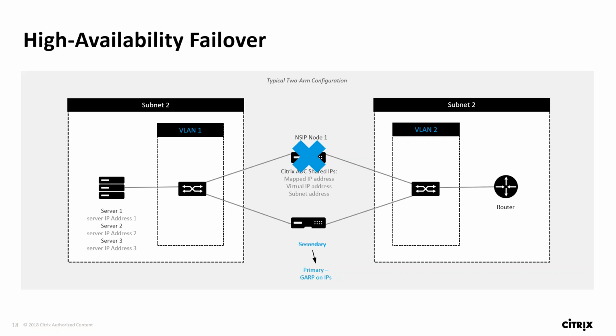When there is an interface failure or an SSL card failure, the primary system contacts the secondary system and notifies it of the failure. The primary system then demotes itself to secondary, and the secondary promotes itself to the primary role and then performs a gratuitous ARP update on all Citrix ADC IP addresses.